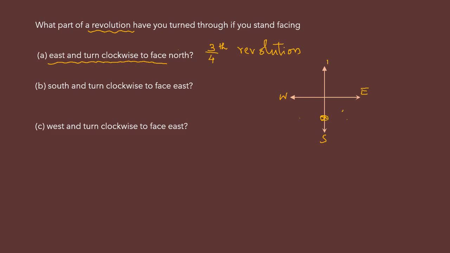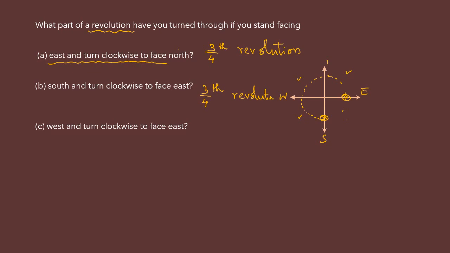How will the clock hands move? The clock hand will be moving this way, and you have to reach east. So you are reaching east here. Now again the question is, how much revolution did you turn? Again we have 1, 2 and 3 parts. So it is 3/4 revolution.